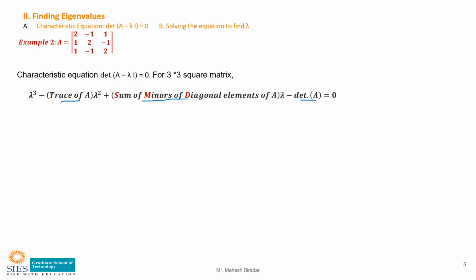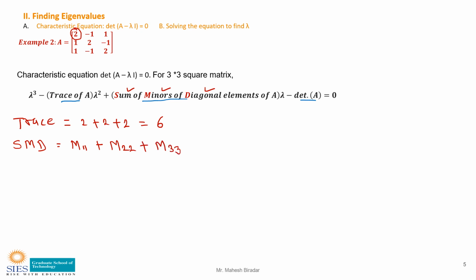So first I want the trace. Trace is equal to the sum of diagonal elements. Trace is 6 here. I want SMD, known as the sum of minors of diagonal elements. So M11 is the minor of the element which is in the first row and first column. Similarly, M22 and M33.